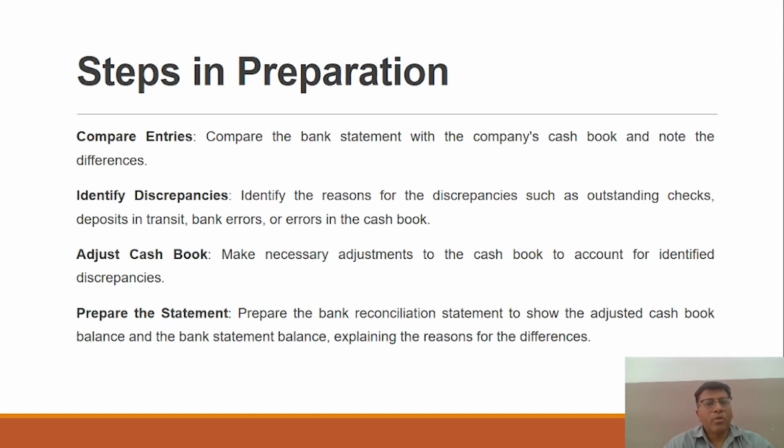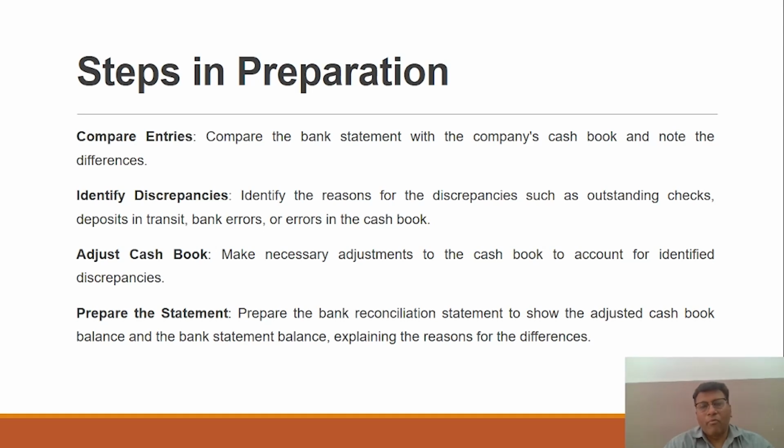Then identify discrepancies, because if some discrepancies are found in any book, definitely you would like to know what the cause is, what the reason behind it is. In order to locate the reasons for the discrepancies, such as outstanding checks, deposit in transit, bank errors, or errors in the cash book.